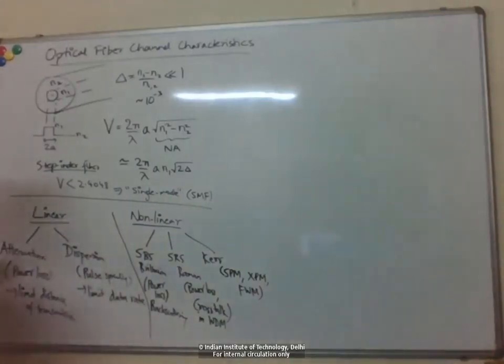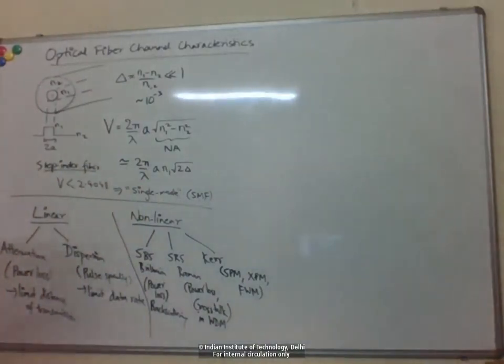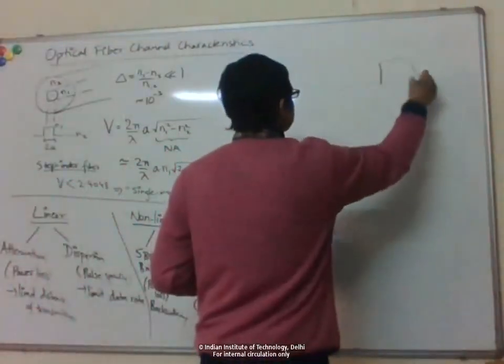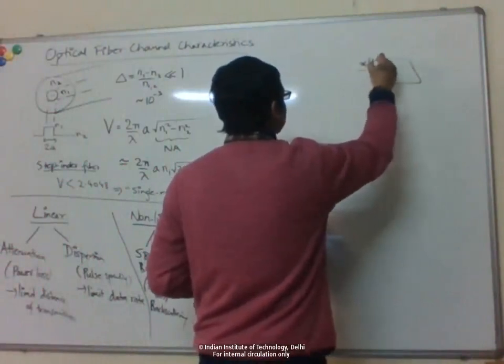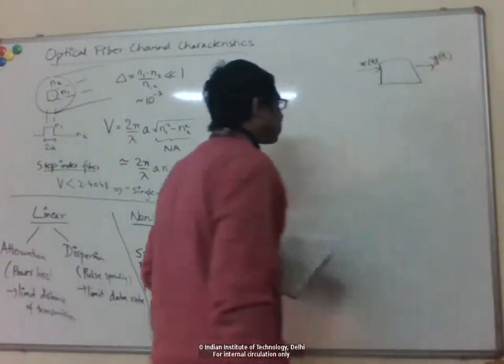And so, how do we classify these effects into linear and nonlinear? Recall from your basic signals and systems course, what is a linear system, right? Let's say I give a system an input x of t, I get an output y of t.